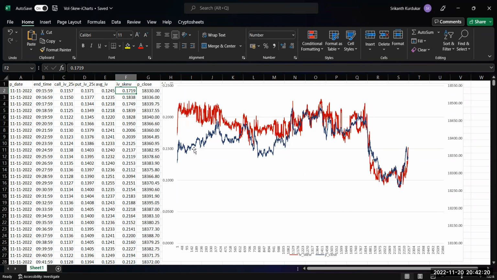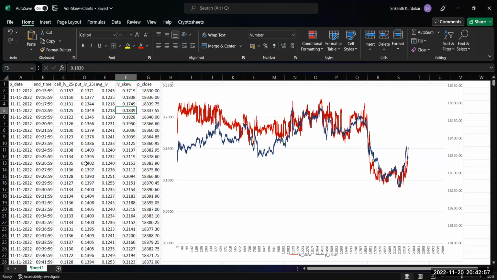Generally, most of the time the skew is going to move between just about 20%. At the most, in very rare cases, it will go to 25%. This percentage is how much percent the put IV is above the at the money IV.